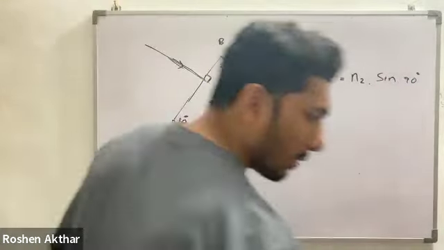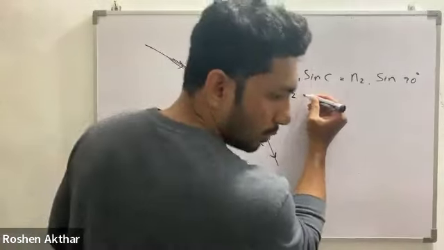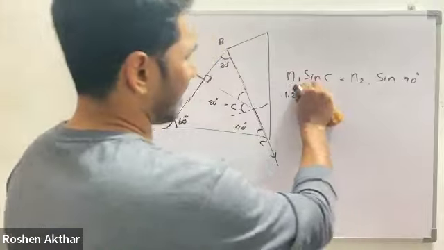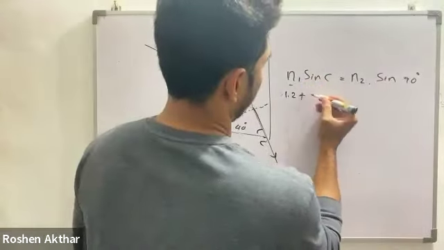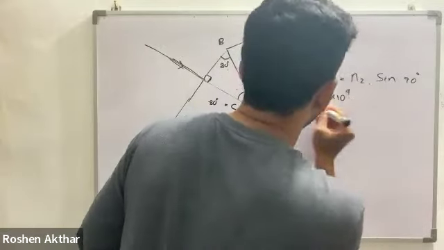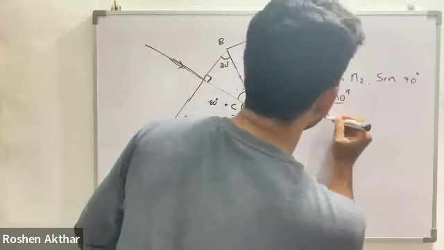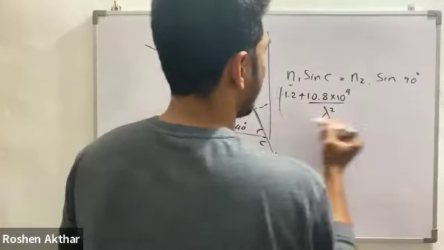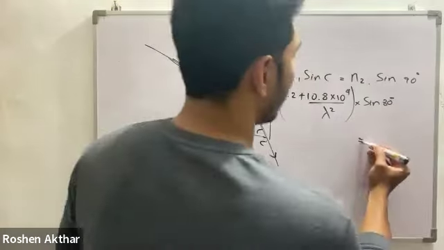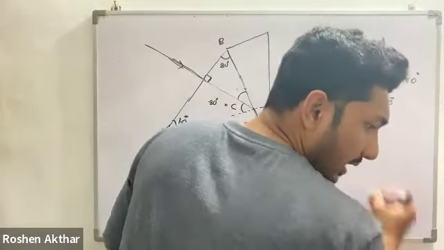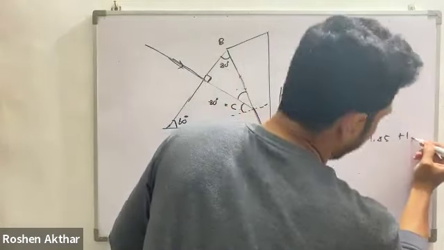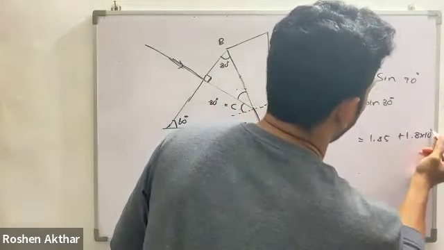So n1, what are you going to put? 1.2 plus 8 multiplied by 10 to the power of 4 divided by lambda squared. The sums are the annoying stuff, but let's do it. Sine C is sine 80 degrees. And n2 is 1.45 plus 1.8 into 10 to the power of 4 divided by lambda squared.